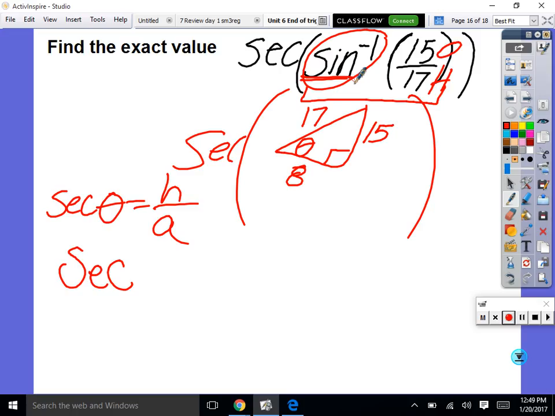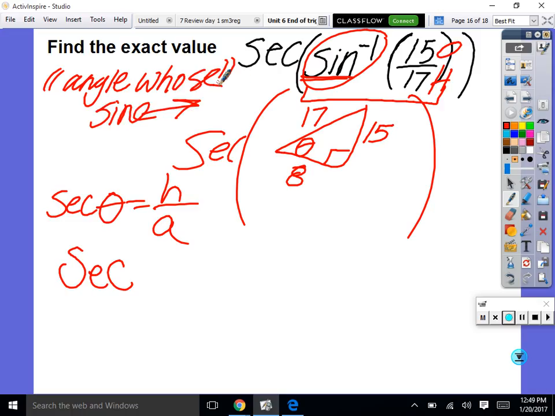That's what we've been talking about when dealing with inverses. We rewrite it as: we have an angle whose sine value is 15 over 17. Other people got that, right? Just making sure, because we talked about that a whole day and a whole lesson. Have you been doing the homework? Okay, then we should be good with those.